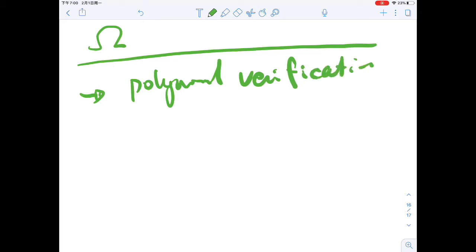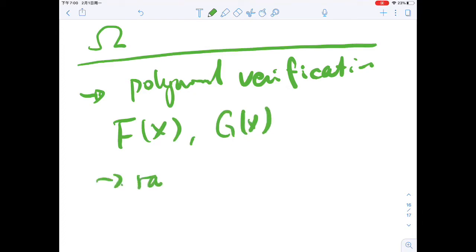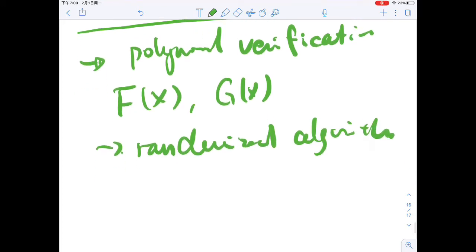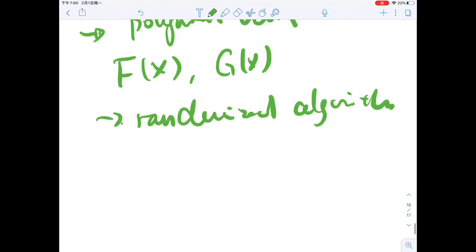In our problem, we are given two polynomials. We have a randomized algorithm, and sometimes the algorithm gives you a correct answer and sometimes an incorrect answer, with pretty low probability.